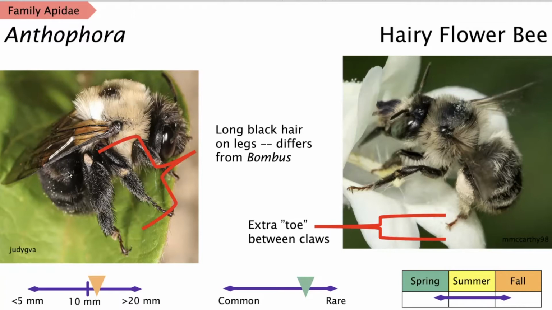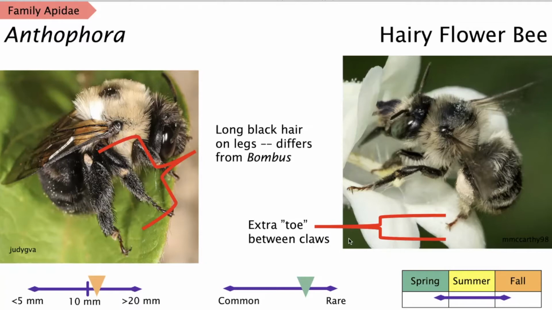So this bee, if you know your bumblebees, looks pretty similar to Bombus impatiens, the common eastern bumblebee. But Bombus impatiens has pretty short hair overall, whereas you can see that the hair on this thorax is super long, and on its abdomen is long, and on its legs is really long. So you're looking for something that looks like a bumblebee but has super long hair overall.